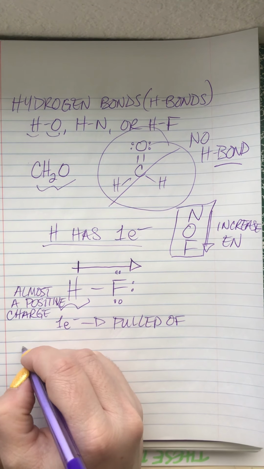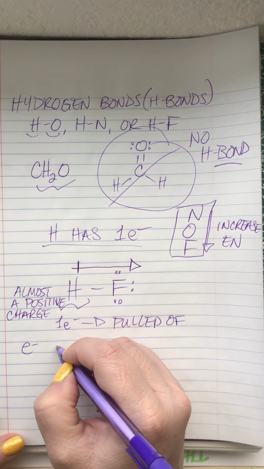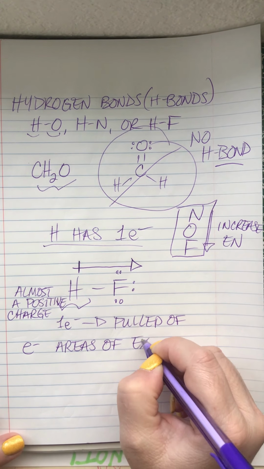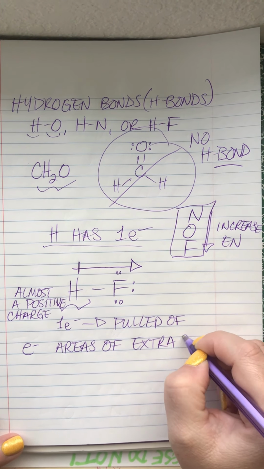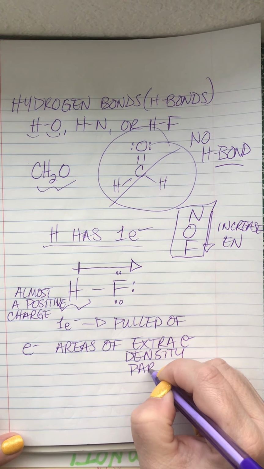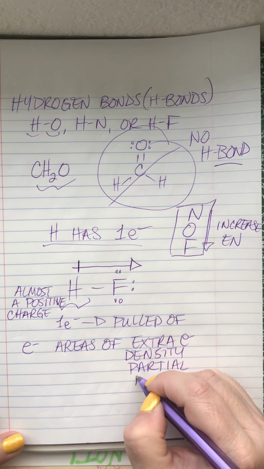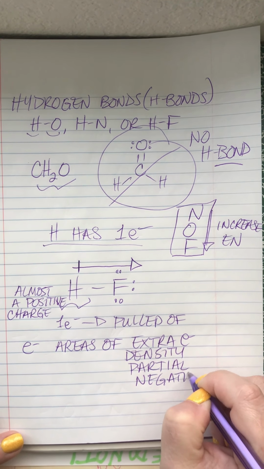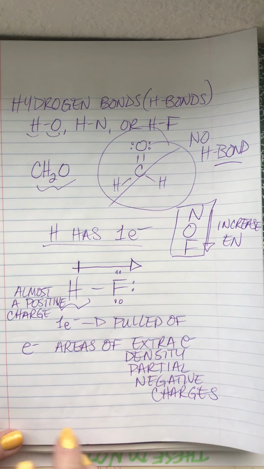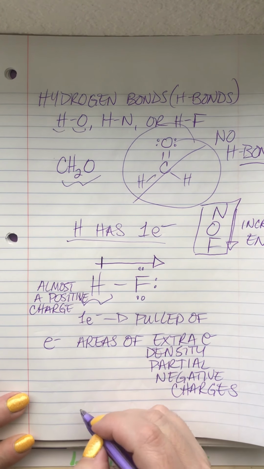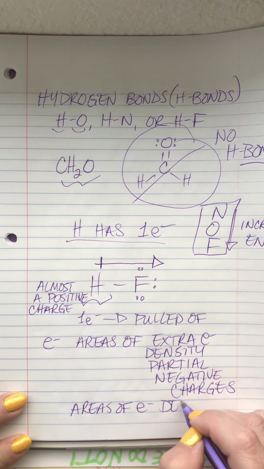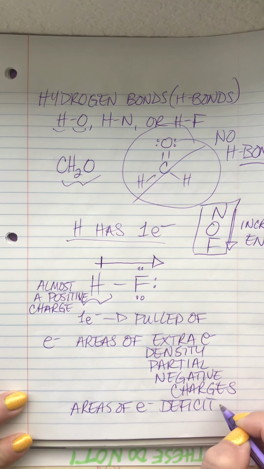So when we're talking about electrons, we're always talking about areas of extra electron density, aka partial negative charges, and electron deficits. So we have areas of electron deficit, right?